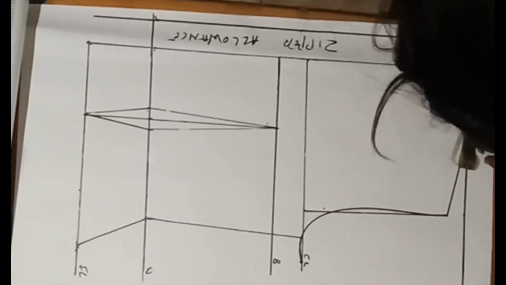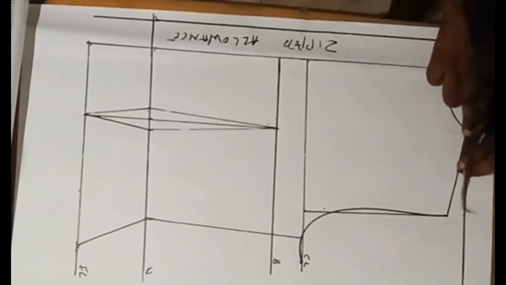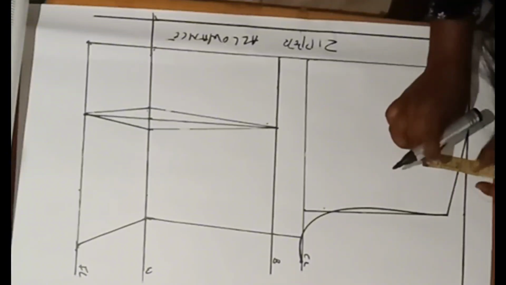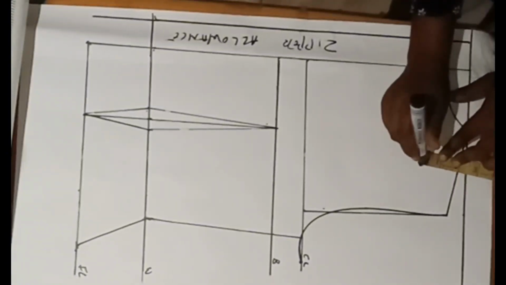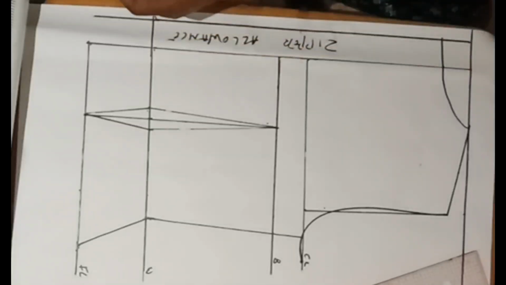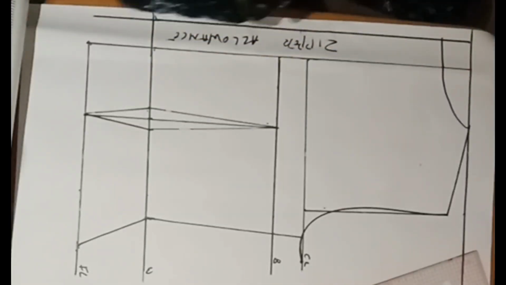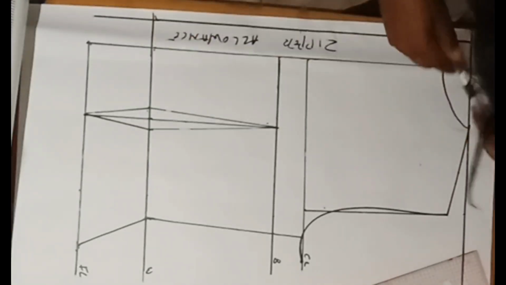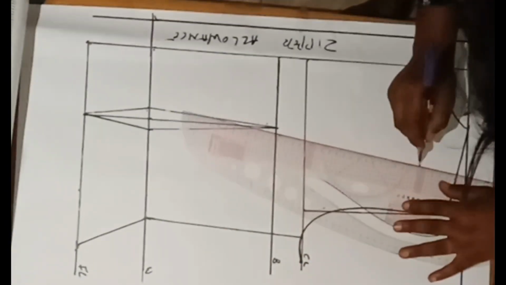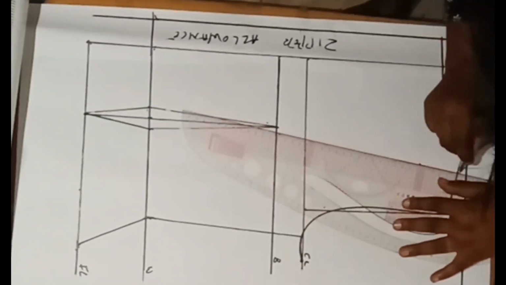All right, so I also want to demonstrate the shoulder dart for the back. You find the midpoint, and then I'm going in by 2 inches, and then you just mark, you take those dart allowances.